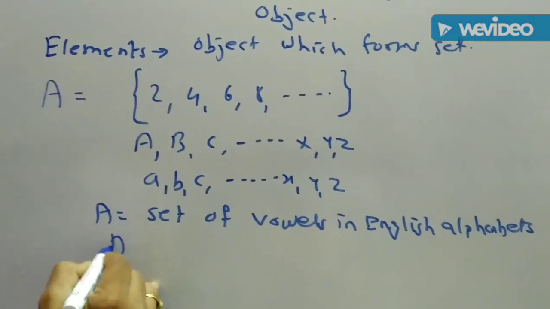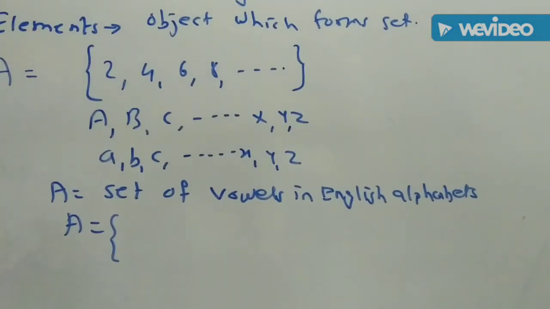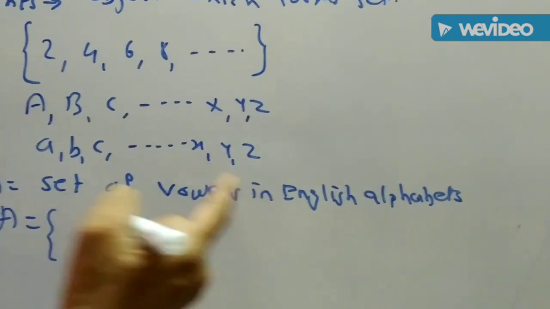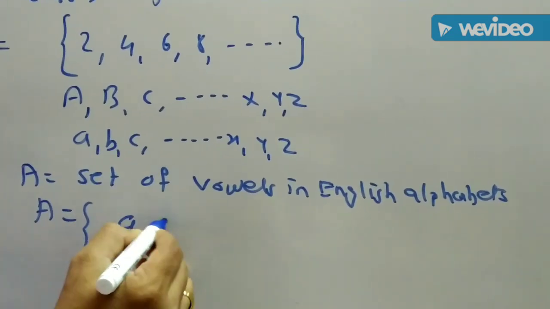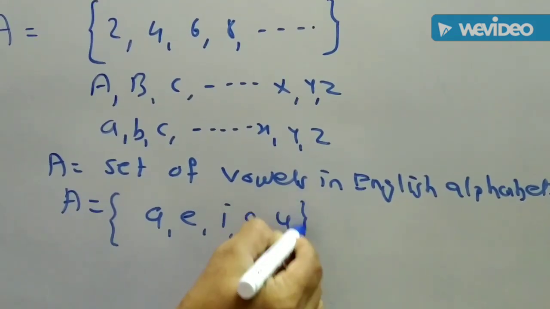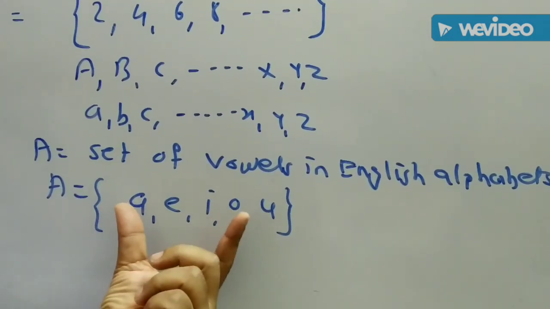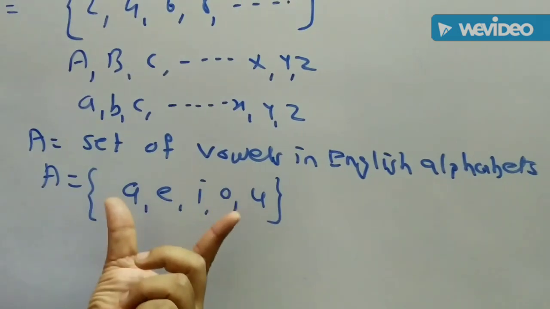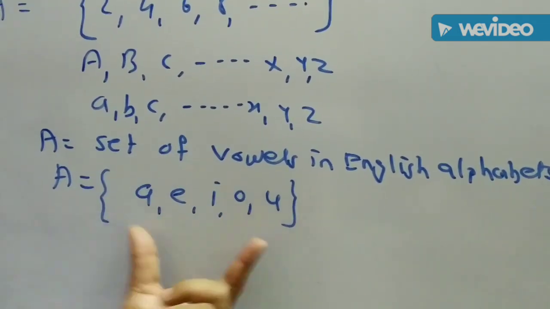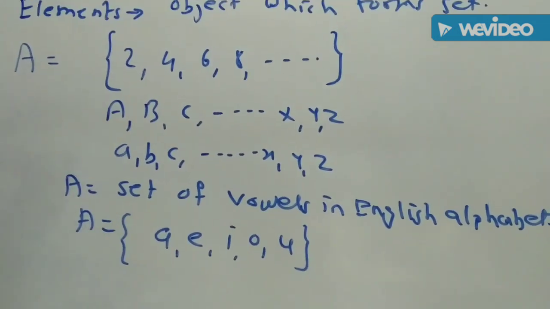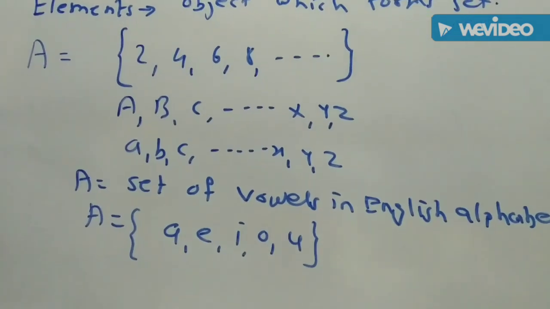Now A is the set which we write in curly brackets. The vowels in the English alphabet are a, e, i, o and u. That is, the objects of the sets are denoted by small letters and the name of the set is denoted by capital letters.